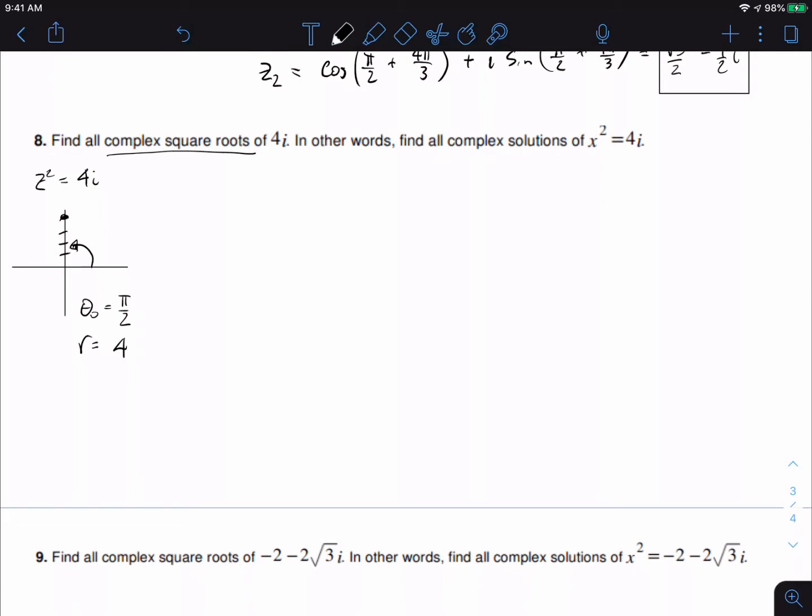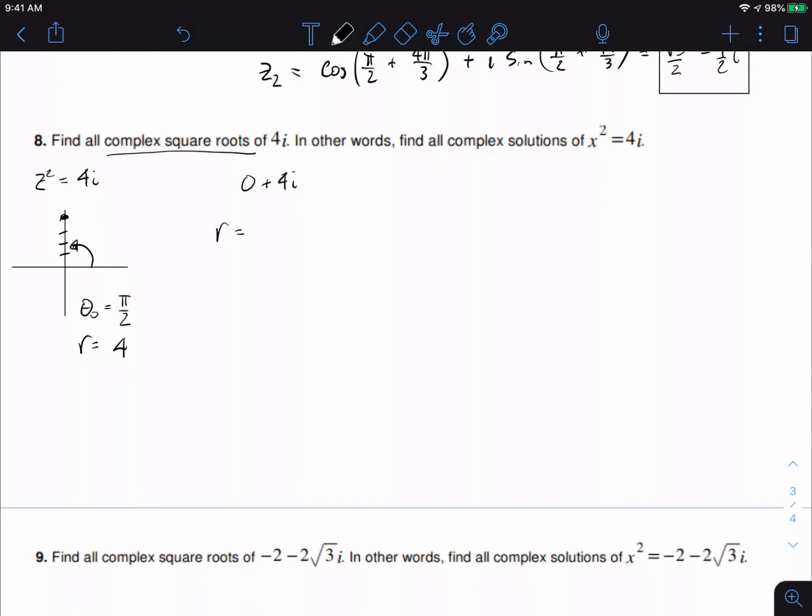It's not 4i, it's just 4. How far, so let me see it this way. If this is where the center is, how far is it to here? It's just 4 away. Now, another way to do it, if you wanted to do it mathematically, 4i, isn't it the same as 0 plus 4i?